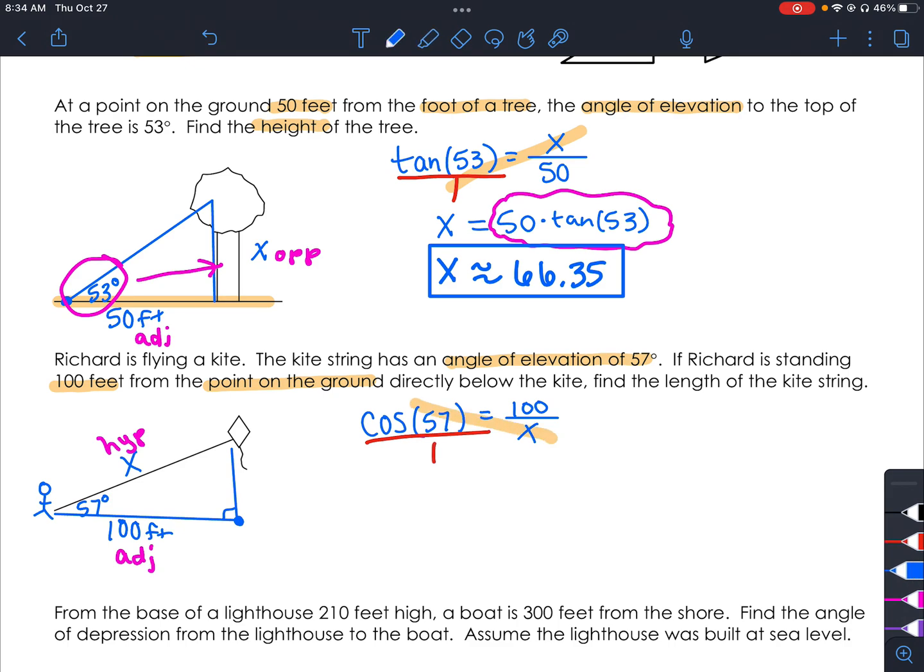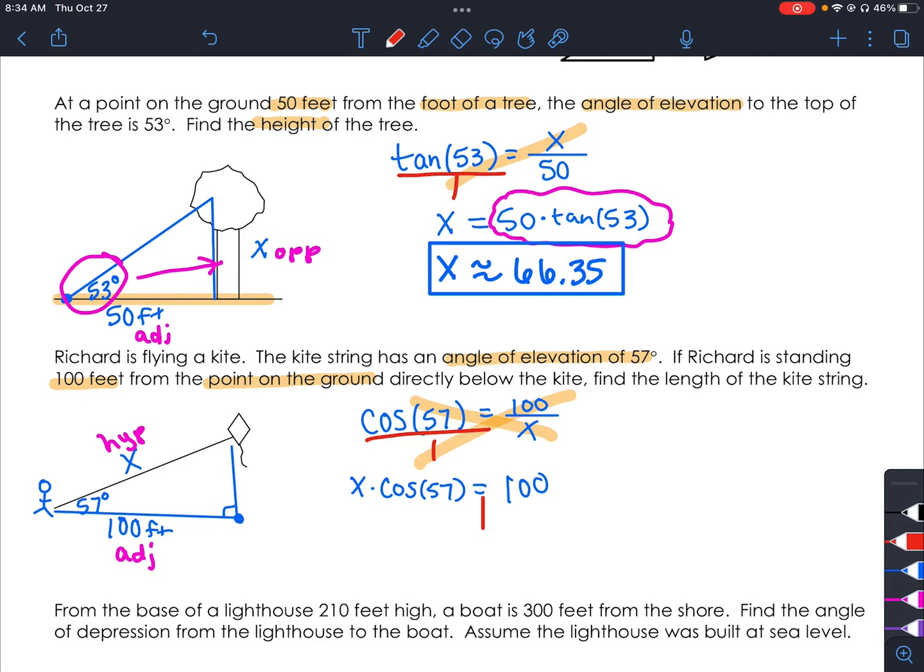Some of you have gotten really good at this and you know you're going to be dividing, so if you already know what you're doing, you don't have to do this little step. If you do that line, you have to divide by cosine of 57 on both sides in order for this to cancel out and solve for x.